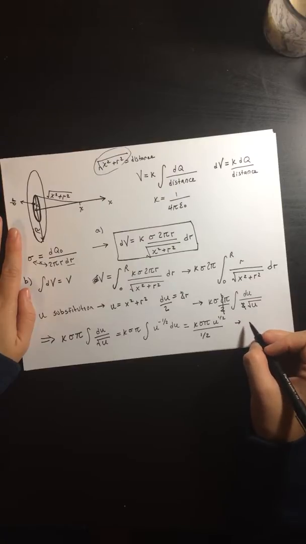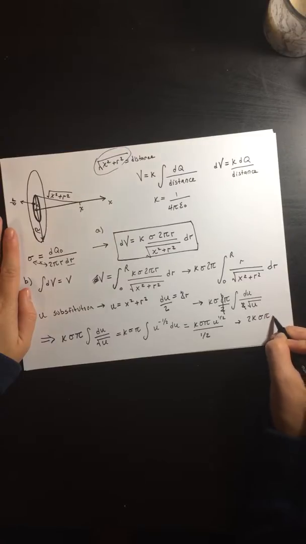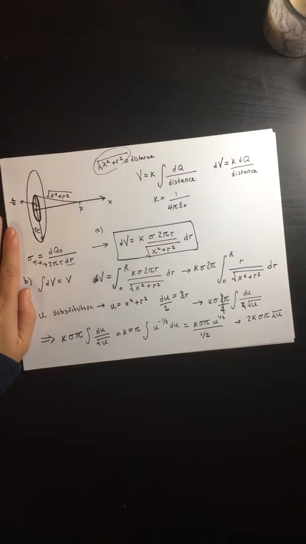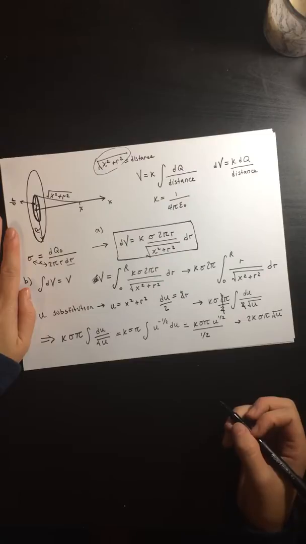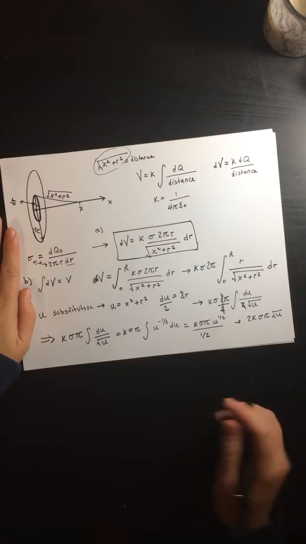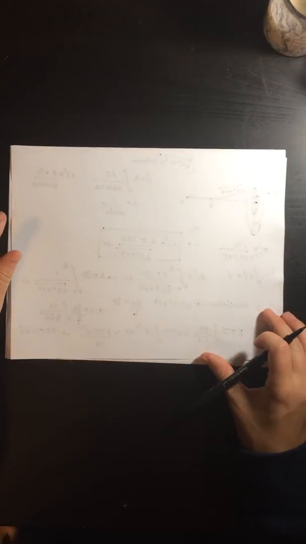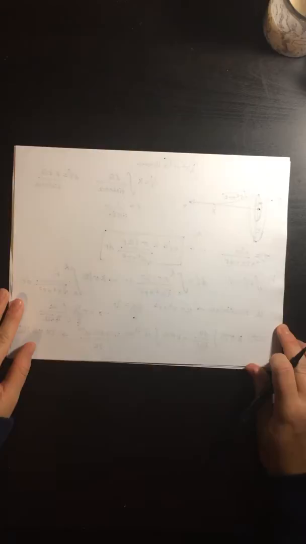which is actually going to be 2k charge density pi square root u, right? And then let's substitute back from u.